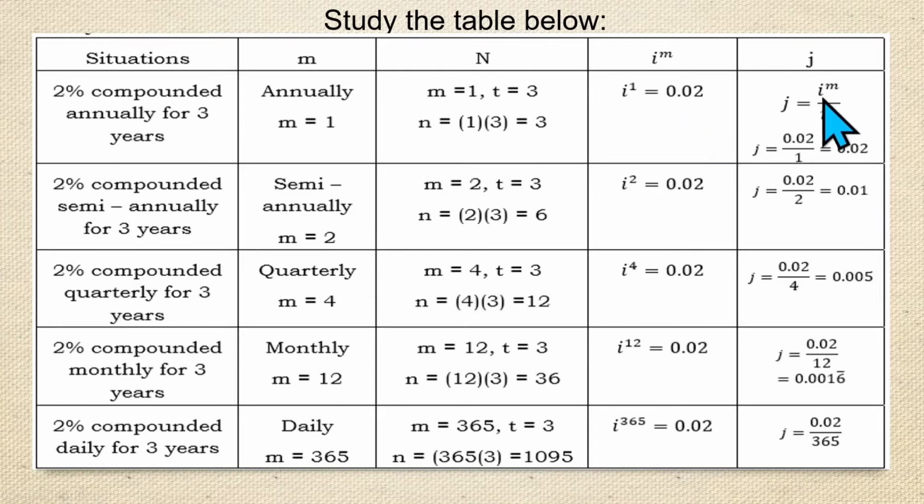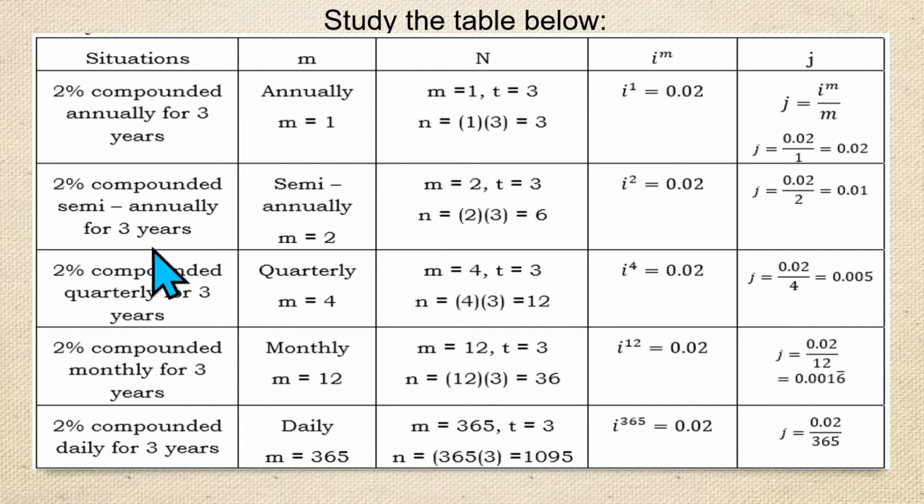The i(m) is equal to 0.02 divided by 1, since m is equal to 1. So 0.02 divided by 1, the j is equal to 0.02.